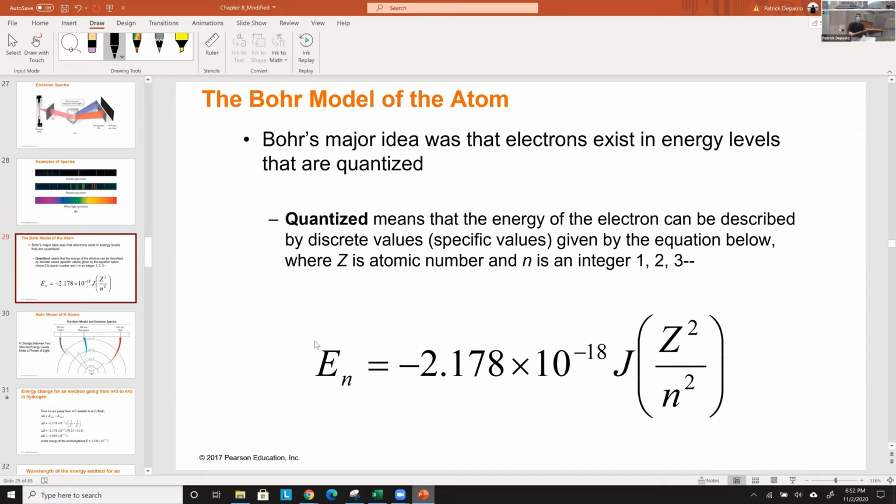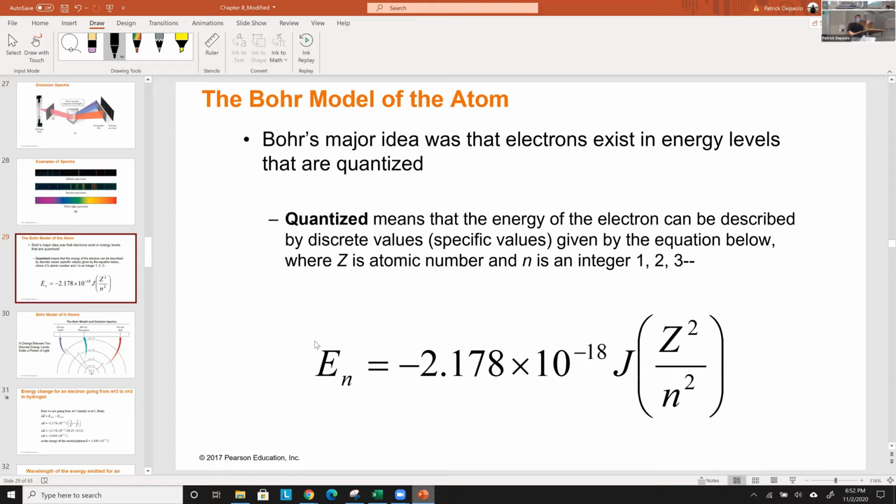We can figure that out with this equation. This is the Bohr model equation, and it tells us based on this constant of negative 2.178 times 10 to the negative 18 joules, and based on the atomic number of the atom in question and the energy level that the electron's on, we can tell exactly how much energy that electron has just by knowing the energy level and what element it is.